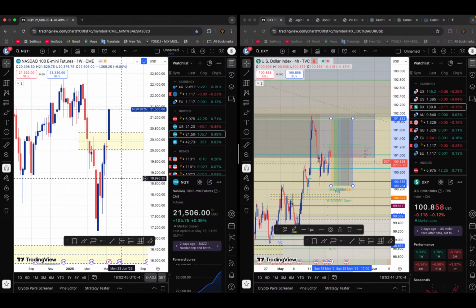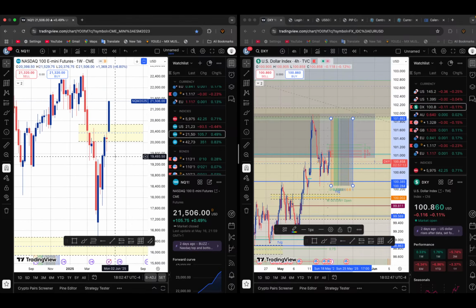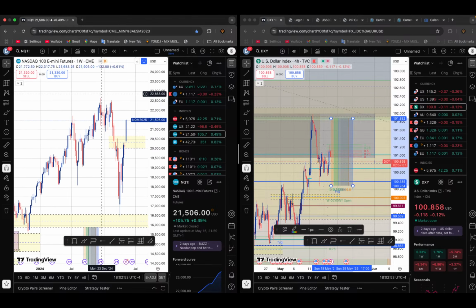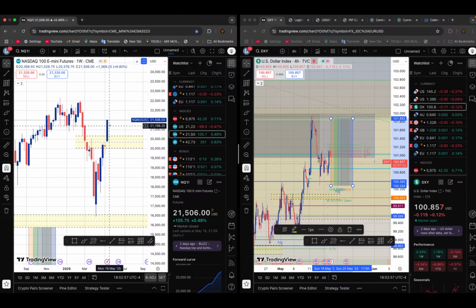Here, same thing. It's got a chance to make its way lower before taking out those, but that depends on what the week does. If it starts to move up higher from the get-go, we need to see, does it want to respect this level?